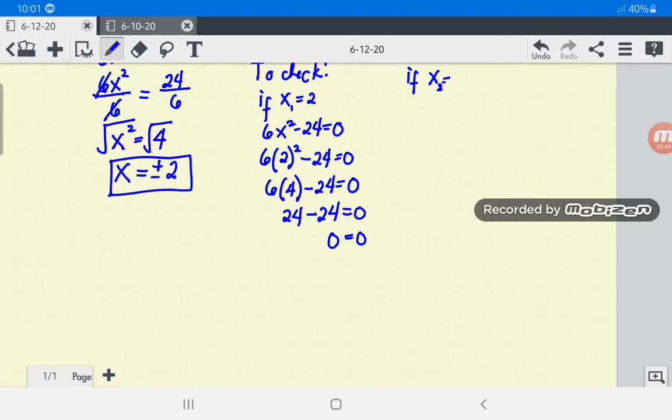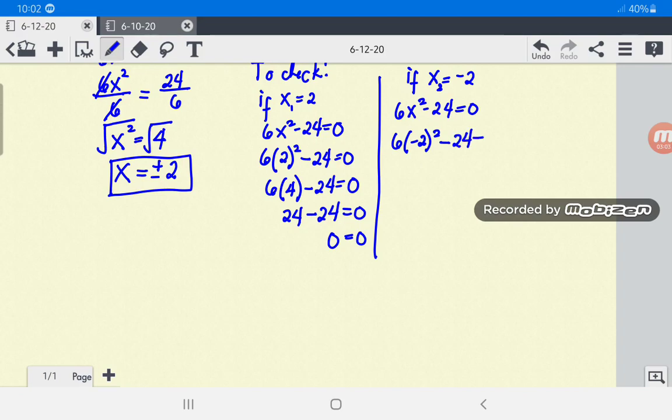Now, how about if x2, or if x is equal to negative 2? Then again, using the original equation, we have 6x squared minus 24 equals 0. We have 6 times negative 2 squared because the value of x here is negative 2. Then you substitute, then minus 24 equals 0. Then you just copy 6.